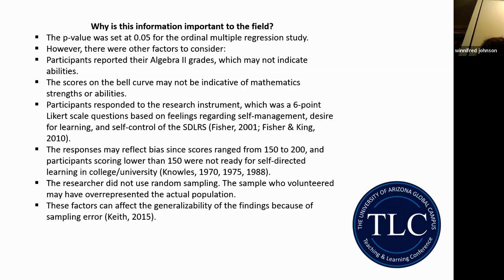The researcher did not use random sampling. The sample who volunteered may have overrepresented the actual population. These factors can affect the generalizability of the findings because of sampling error, based on Keith.